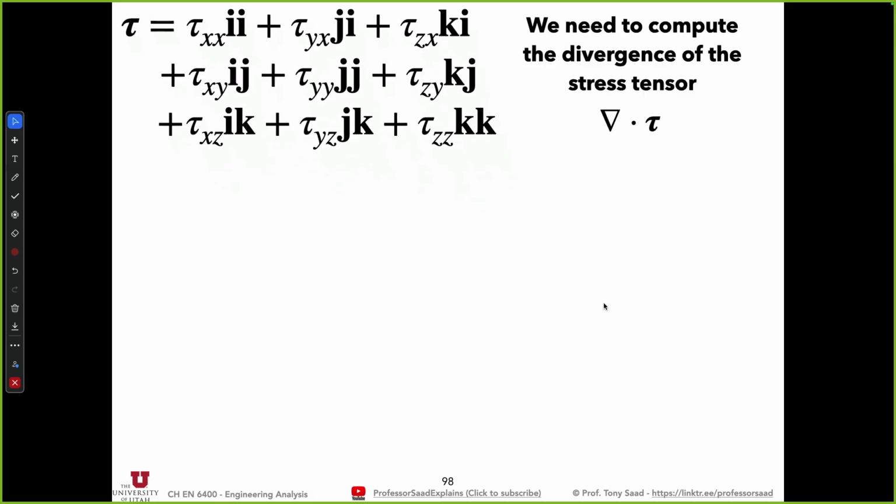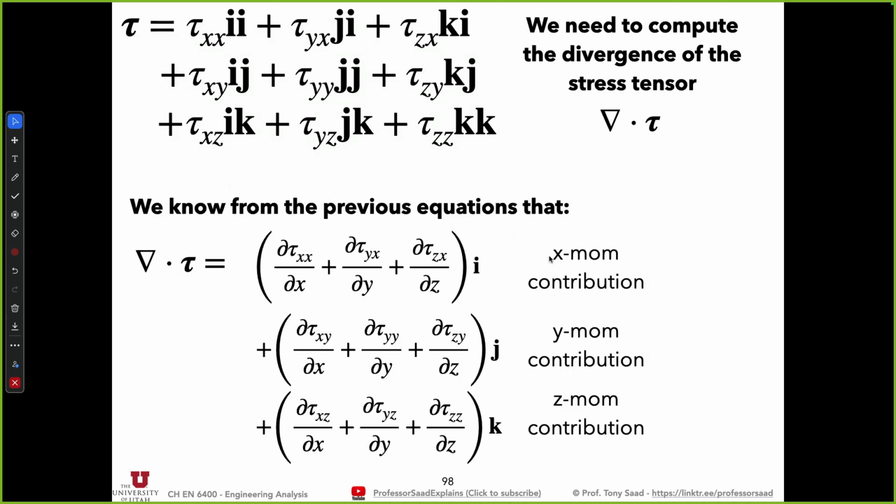So now I'm interested in the net diffusive flux. And the same way as we did for the net advective flux, we have to take a divergence to get the net diffusive flux. Now we know the answer. Again, if we don't know how to compute div tau, which we should know by now, but suppose we didn't know how to compute div tau, we know what the answer should be, right?